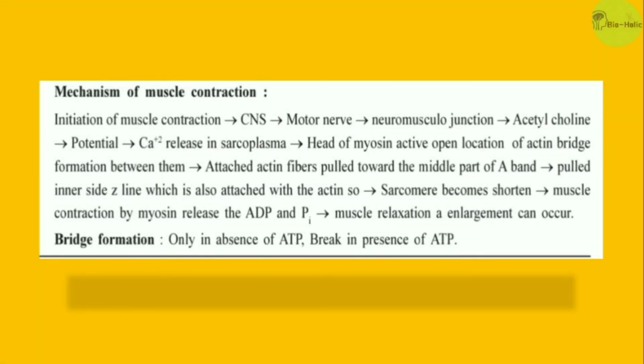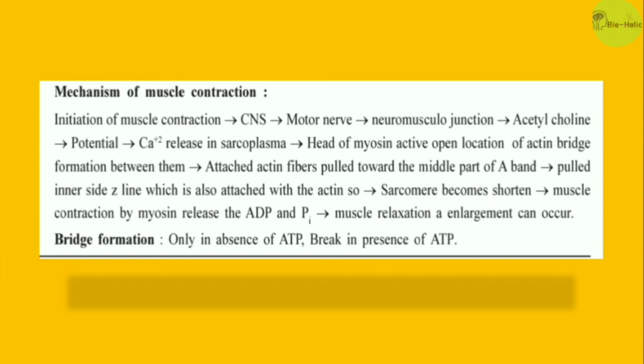So the mechanism of muscle contraction involves the following steps: initiation of muscle contraction through the CNS and motor nerve that reaches the neuromuscular junction, and then acetylcholine is released. That's why there is a potential development. Next, calcium is released in the sarcoplasm, which triggers the myosin head to open the active location of actin, and a bridge forms between them.